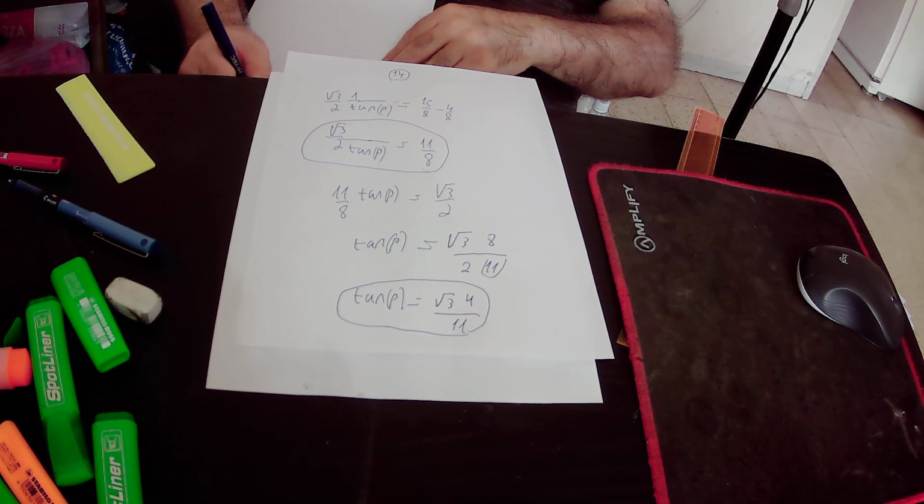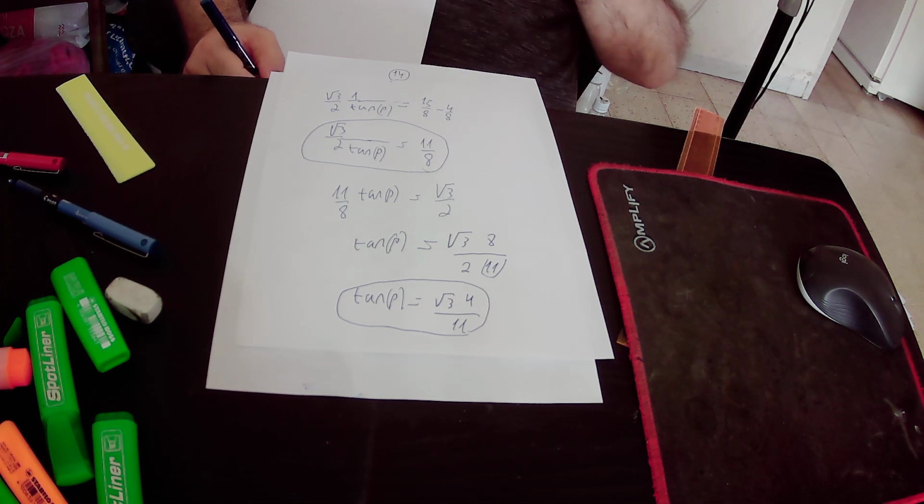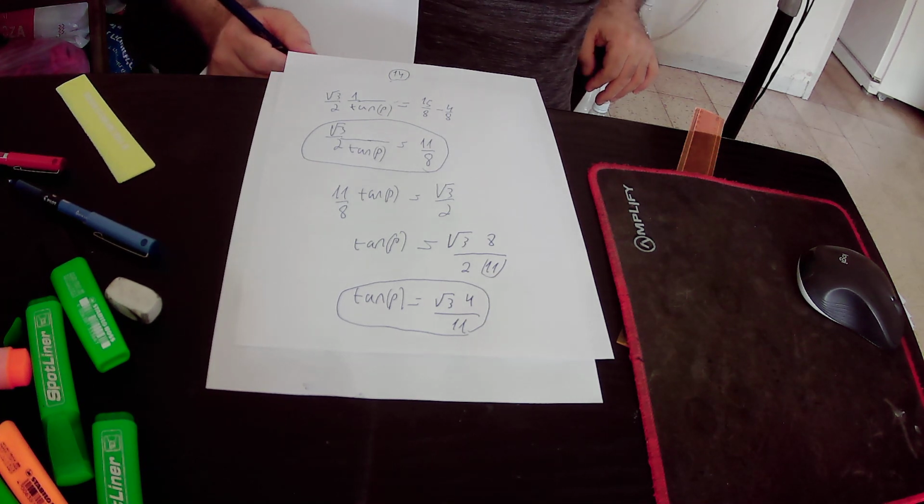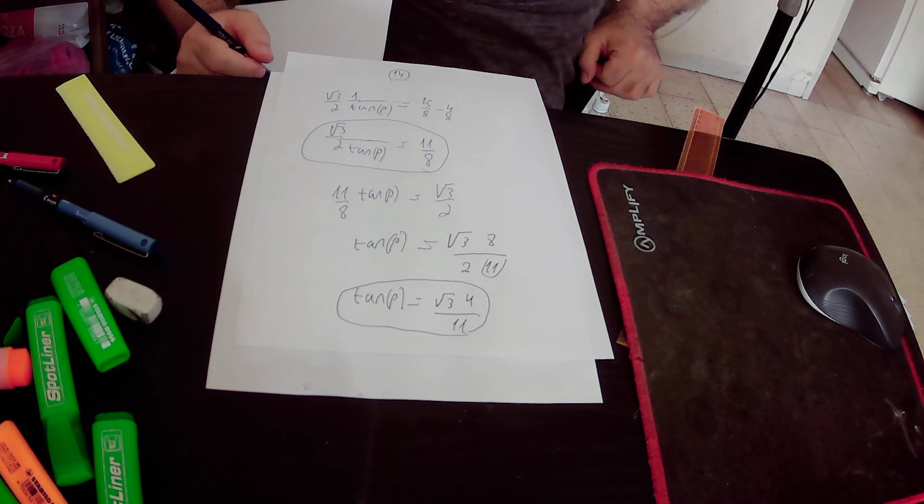So actually tangent p, or tangents in general, is the relationship between the sides of a right triangle.